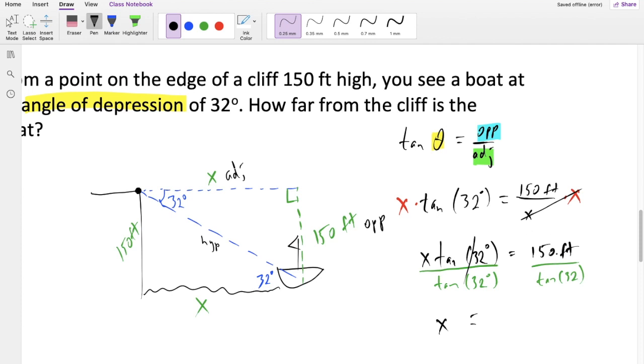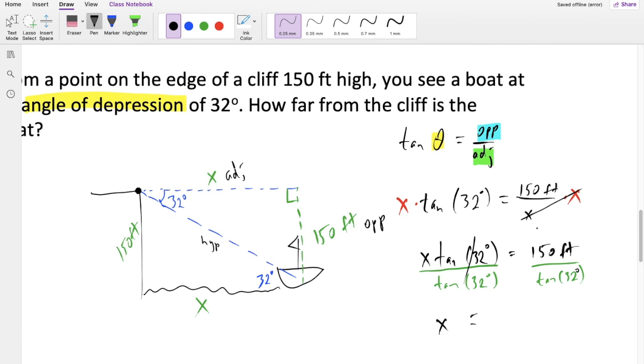So you are going to do 150 divided by the tangent of 32 degrees. So that means you need to make sure that your calculator is in degree mode. And for the most part, it is standard to be in degree mode. Otherwise, look in the mode feature. If you have any questions on that, we can look at it in class.